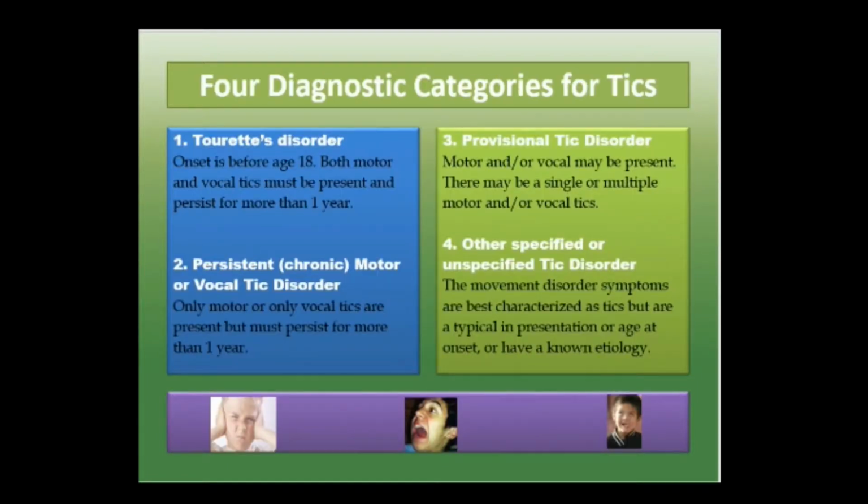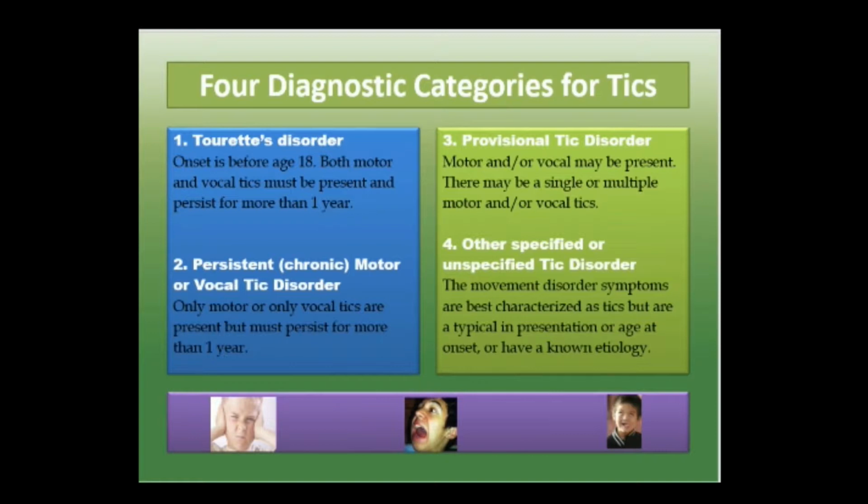When we look at tics, we can also categorize them into four major groups. The first group is what we call Tourette's syndrome. This seems to be a very common group that is known by the majority of people. Tourette's syndrome has its onset, of course, before the age of 18, and it is characterized by both motor and vocal tics.